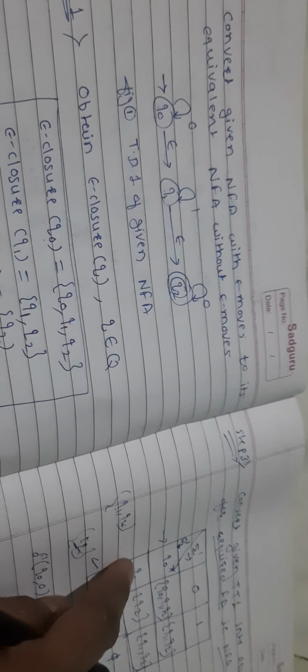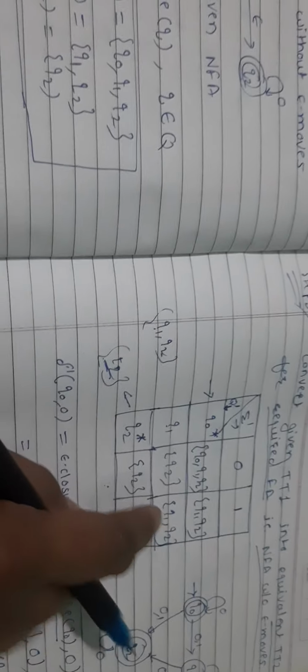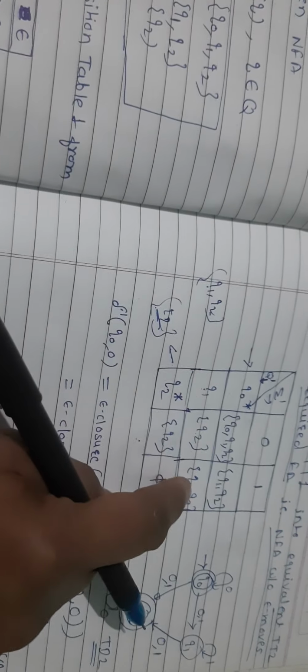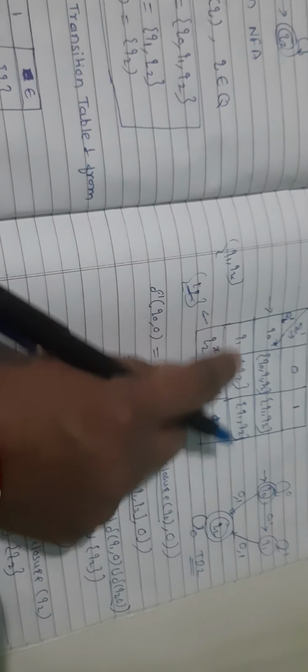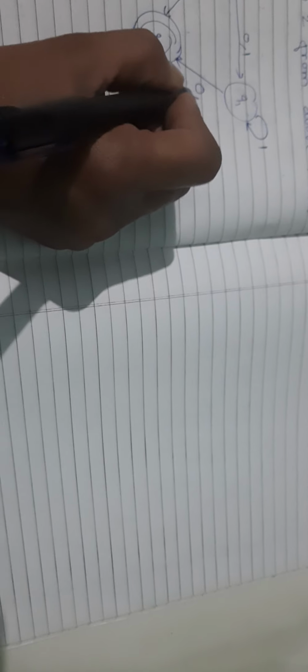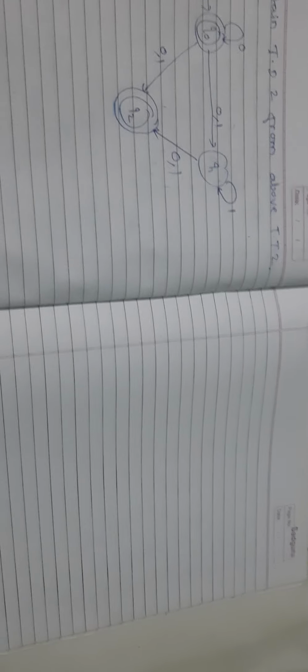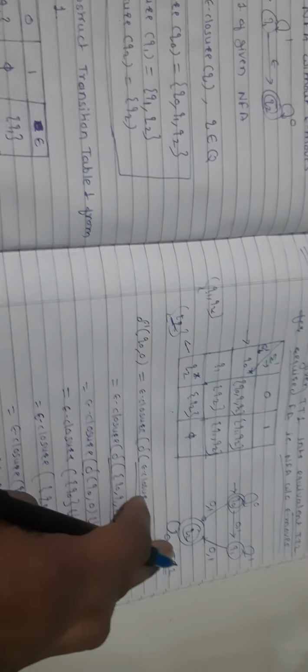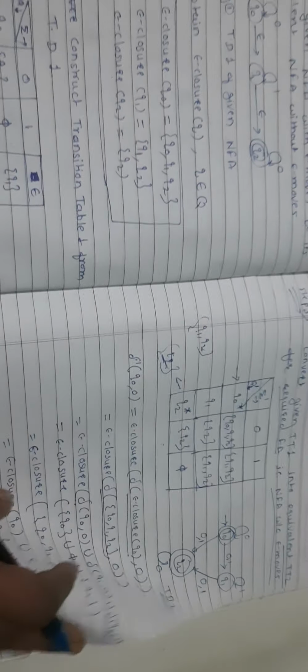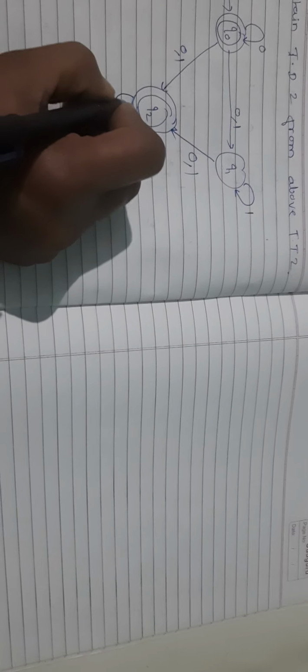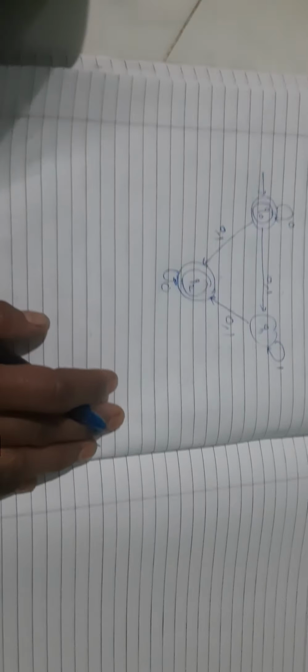Then Q1 to Q1 on 1, and Q1 to Q2 on 1. Then this one, that is nothing but Q2 to Q2 on 0.